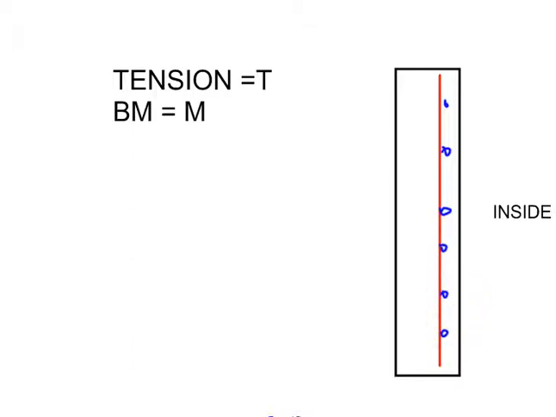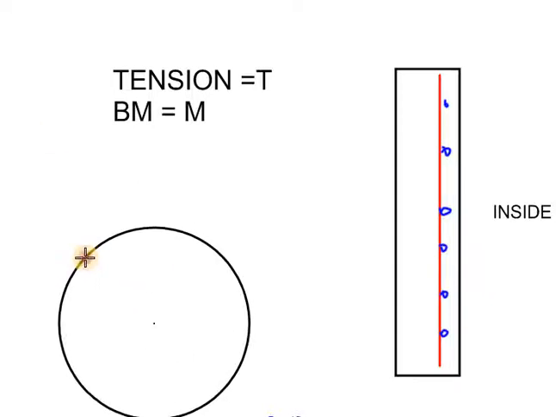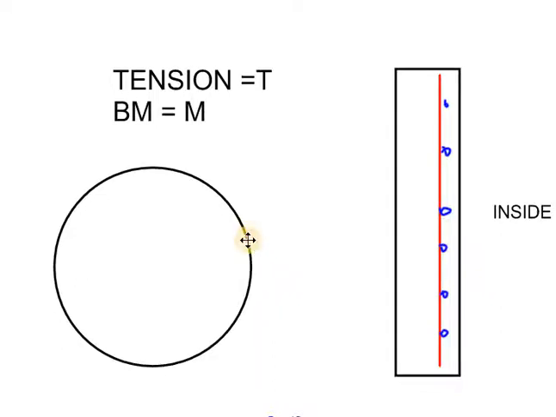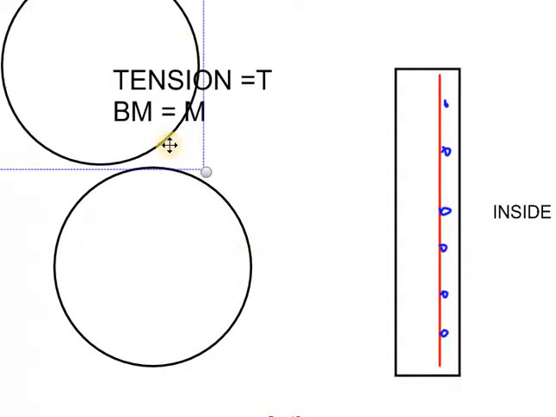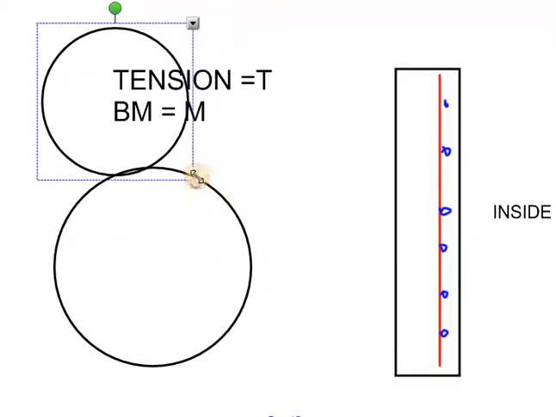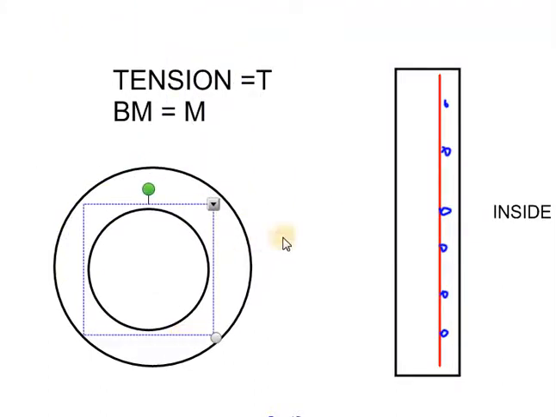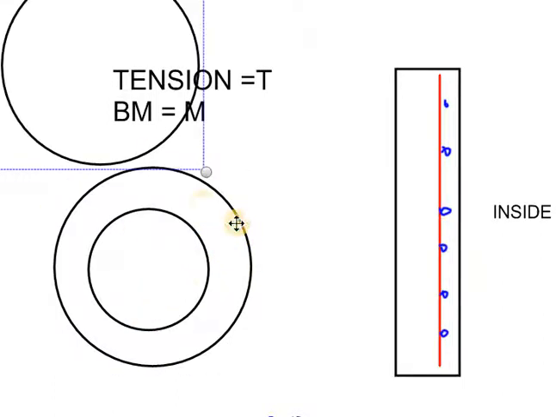It is like this. Just to make you more clear, if you see from the top, let us say this is your inside, this is outside. When you see from the top, here is the place where you put water.